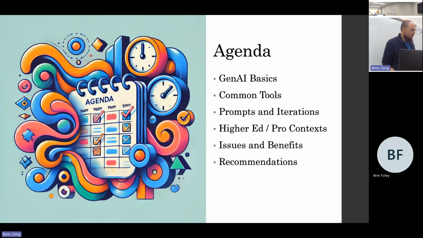We will cover issues and benefits of GenAI tools, and we'll close with me providing some recommendations on best practices for students when using GenAI. Again, if you have any questions or want to comment on anything today, please feel free to unmute or raise your hand or contribute to the chat, and we will address your comment.